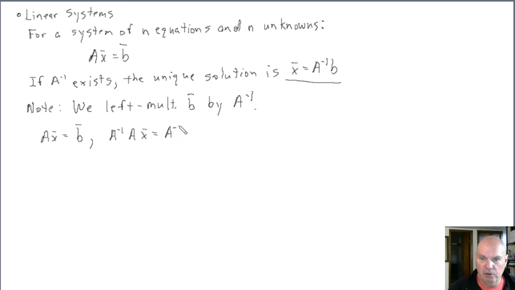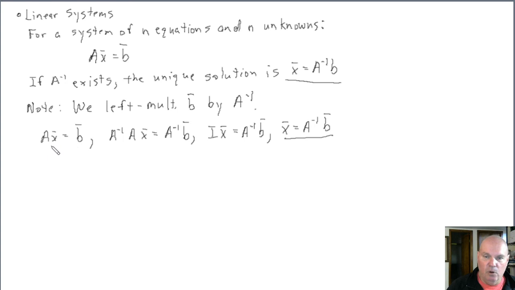If I right multiply both sides, I'm going to have A X A inverse, which doesn't reduce. I have to get the A inverse and A next to each other. So then the next step here is A inverse A is equal to I, the identity matrix, but I times X is equal to X. So I'm left with the result.